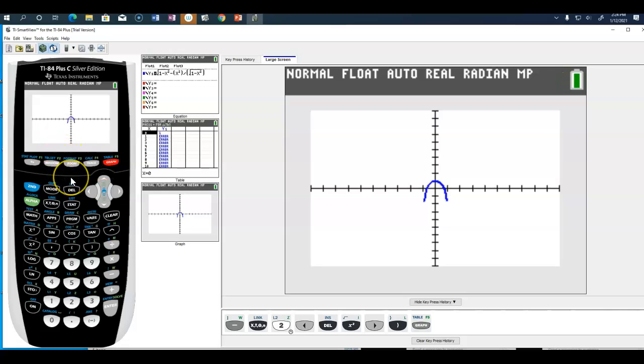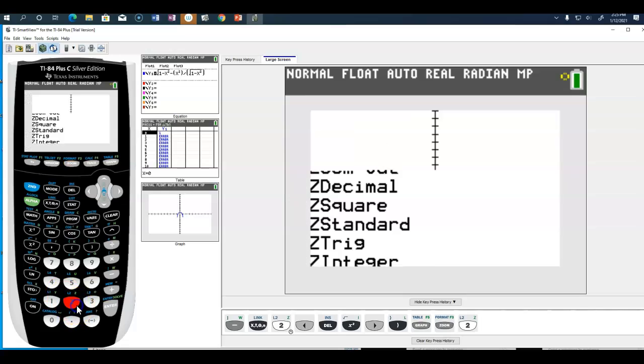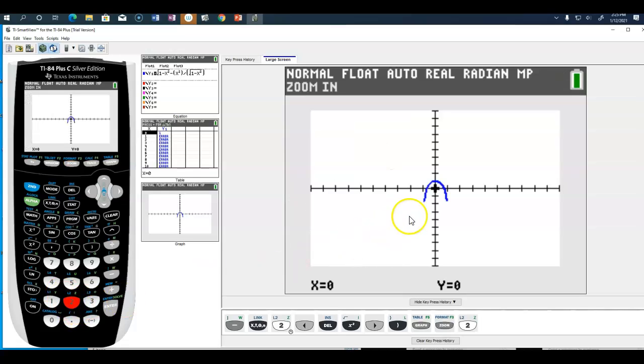Now I'm going to zoom in a little bit. I don't like the way that this looks. You don't necessarily have to zoom in, but if you want to learn how to do that, you can do it now. Push zoom. Let's see. Let's do zoom in. There's a few different ways to zoom in.